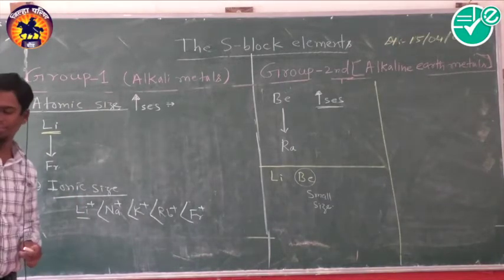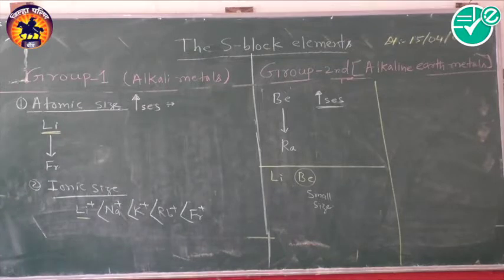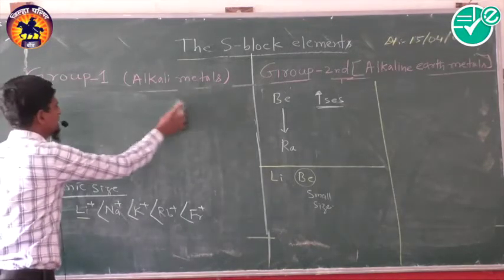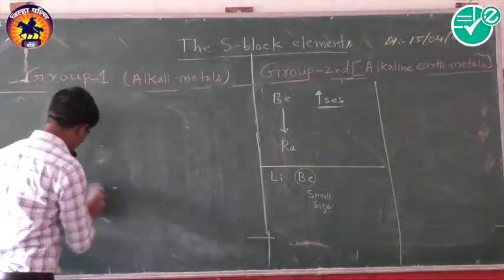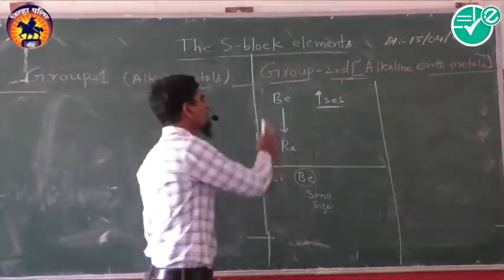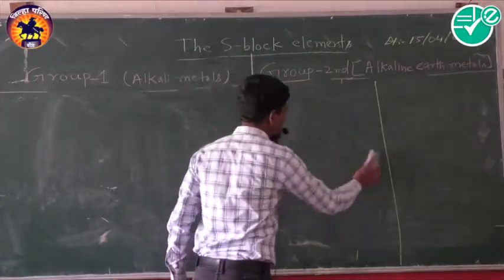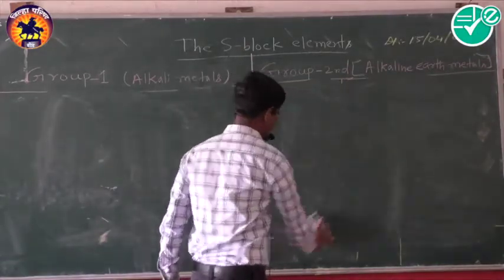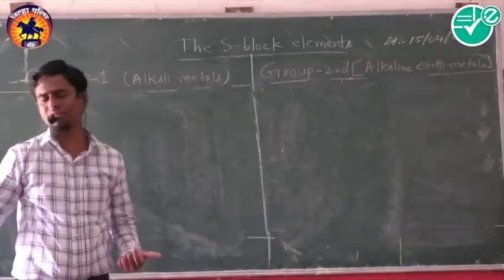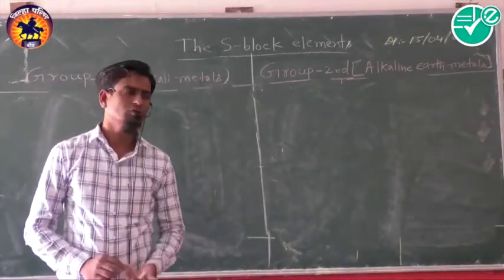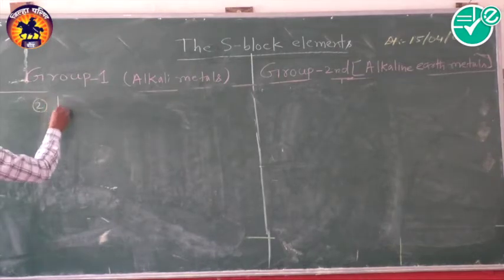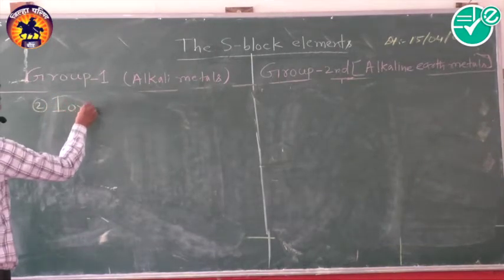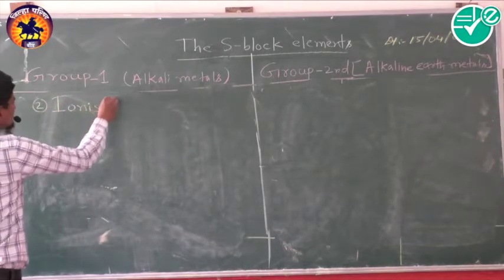Come to the next property, that is ionization enthalpy. As I said initially, if you are strong in the periodic table, then this chapter is easy. So come to the second property, ionization enthalpy.